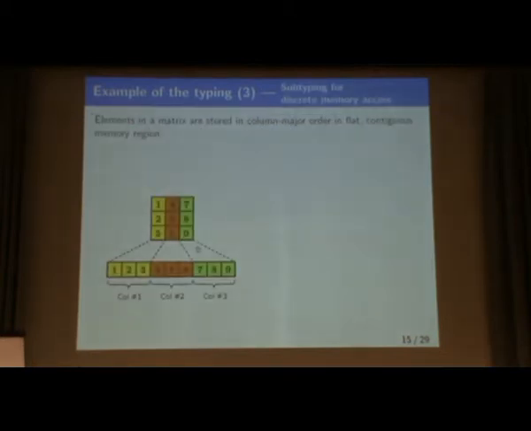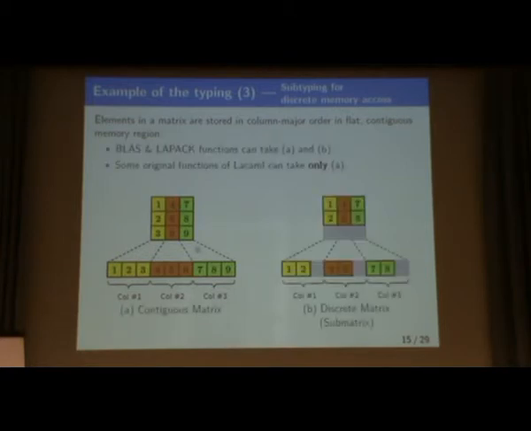And also, another complex example is discrete or contiguous matrices. Remember that this is originally a Fortran library, so they care about memory layout. You can take a submatrix of an existing matrix. But of course, by taking a submatrix, the memory layout may become discrete or non-contiguous.